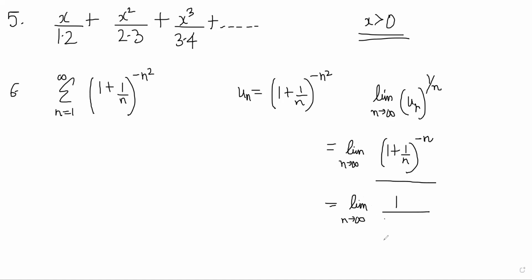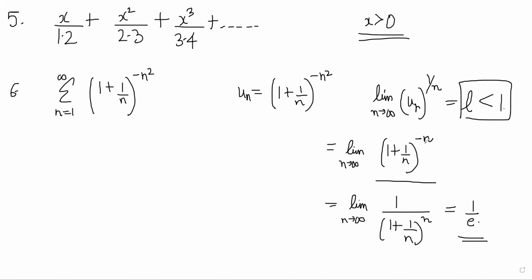This will be 1 by 1 plus 1 by n to the power n, which is 1 by e. The limit value is less than 1, so this converges.